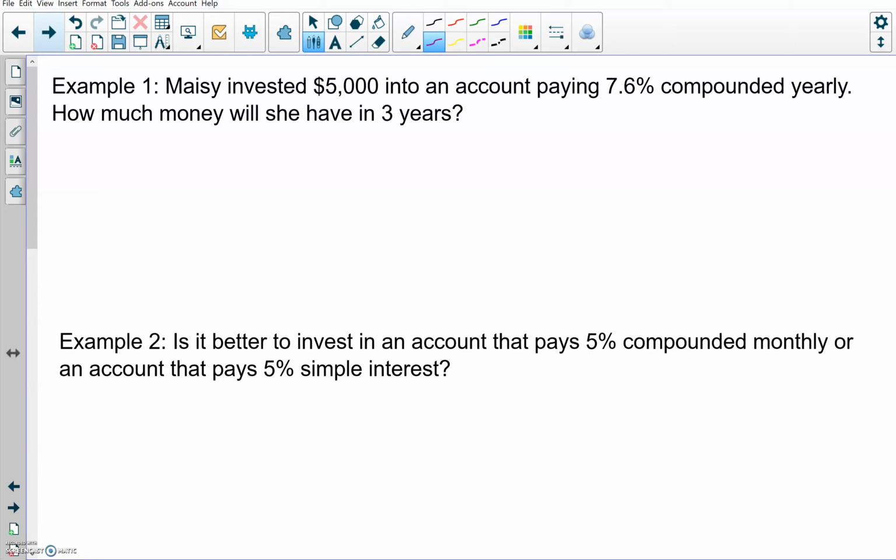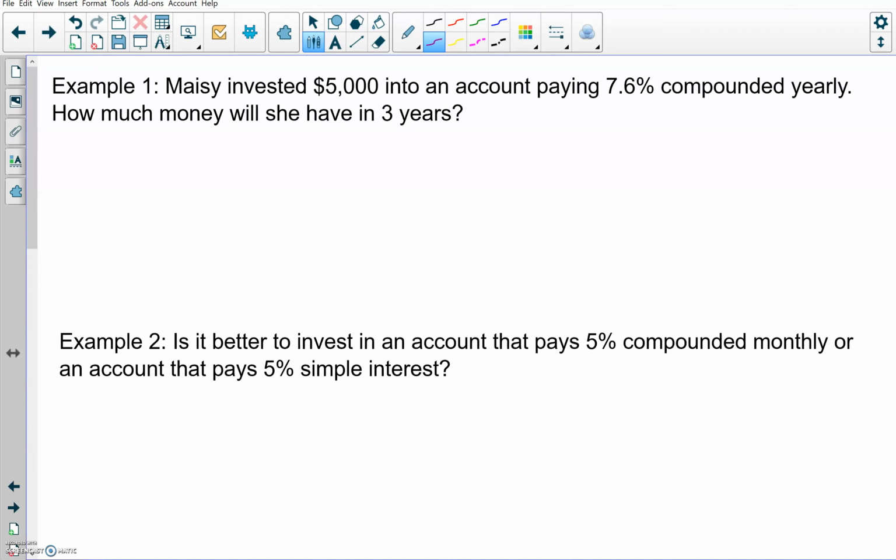So one of the biggest things that you have to do with these types of problems in Chapter 5, now that we're starting to get into the formulas, we had simple interest, we have compound interest, we're going to see other formulas in the following sections. You really have to identify first what formula you're using, and then you have to be able to identify all the pieces that you have in order to fill in the formula so you know what you have to solve for.